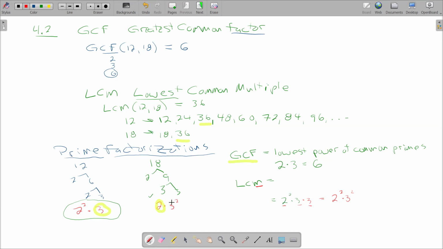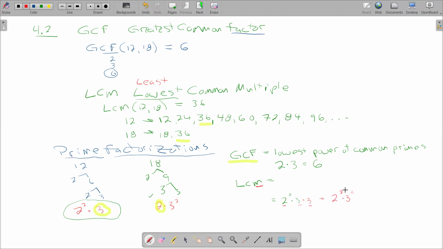Yes. Do I have enough of that factor? Not yet, so I multiplied it on. So I believe, just on the idea of what it means to be a multiple, and I want it to be the lowest multiple, sometimes we call it the least multiple, I want to have as few factors as possible. So I don't need any extra 2's, I did need that extra 3, and that's it.